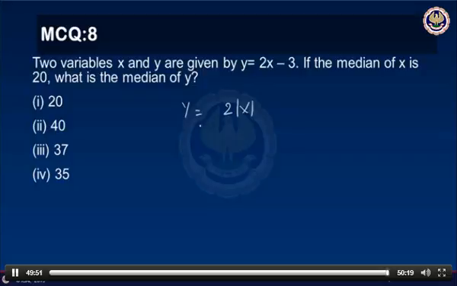As per the properties of median, y median equal to 2 into 20 minus 3, that is 40 minus 3, that is 37. 37 is the answer.